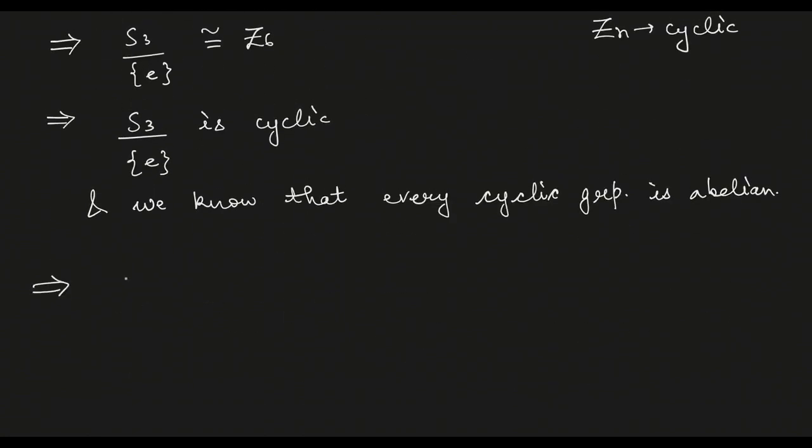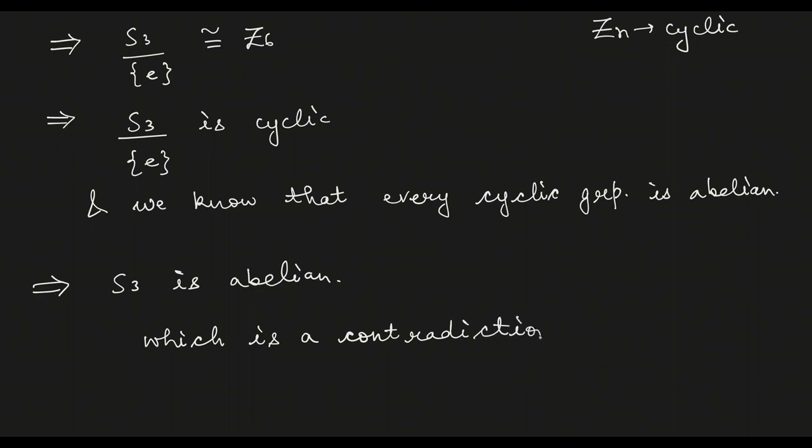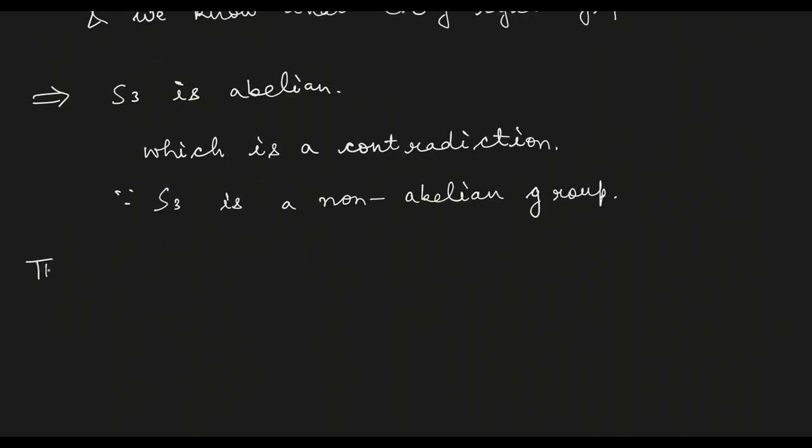This means that S3 is abelian, which is a contradiction. Can you tell me what the contradiction is here? (1 3 2) is not equal to (1 2 3), no? Because S3 is a non-abelian group. Thus, identity cannot be the kernel of any homomorphism.